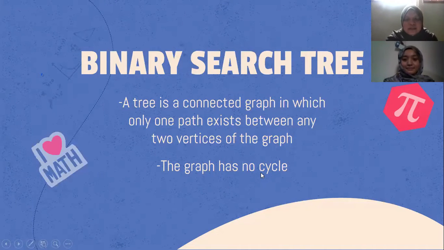Okay, for the first small topic, which is binary search tree. This topic is about a graph. Basically, we'll call it a tree, which is a connected graph in which only one path exists between any two vertices of the graph, and the graph has no cycle, which means the graph will not be repeated.